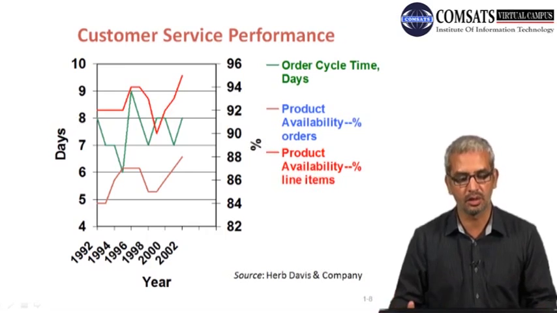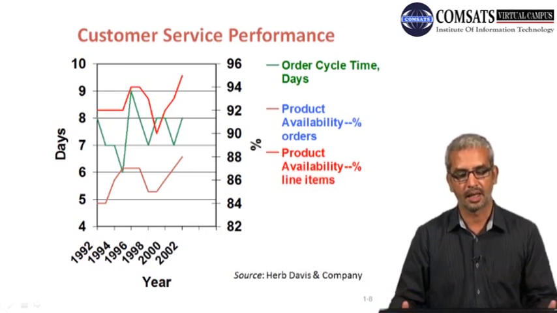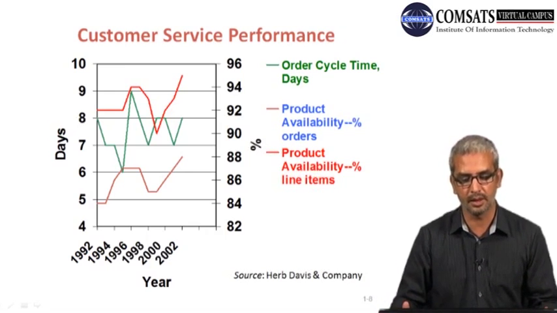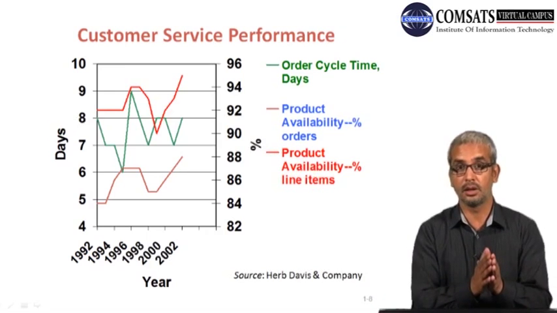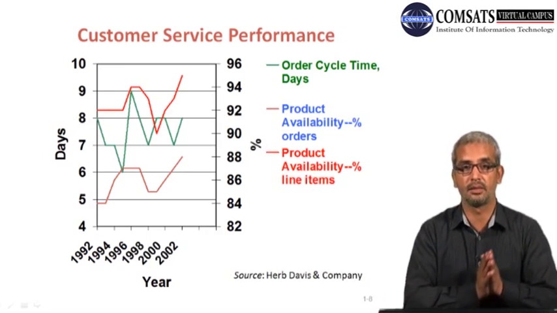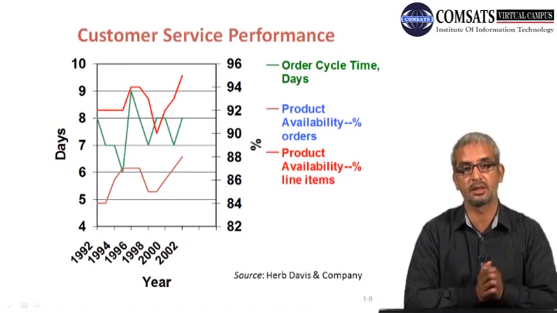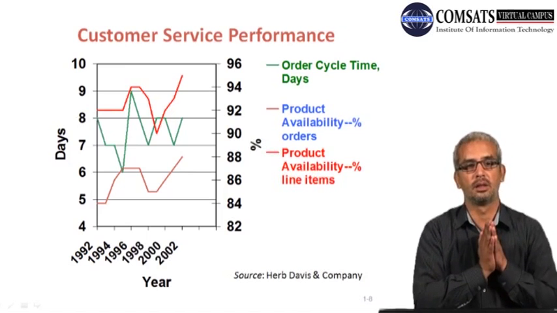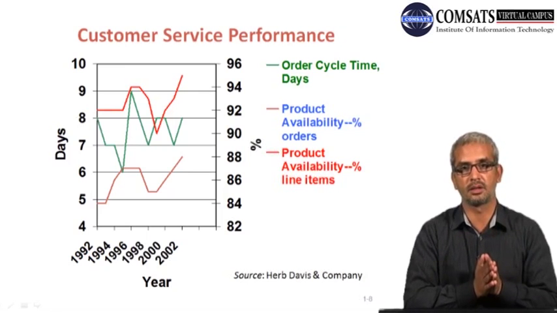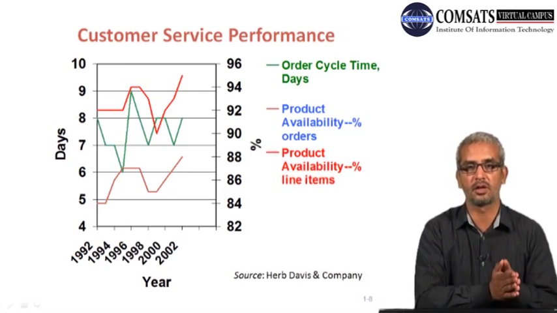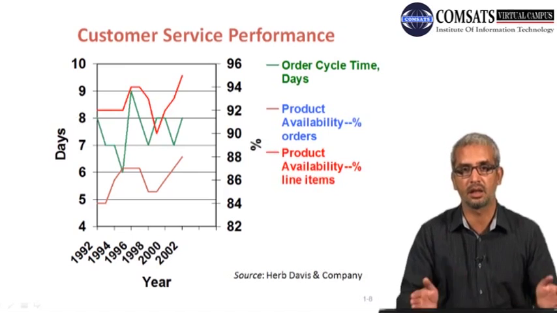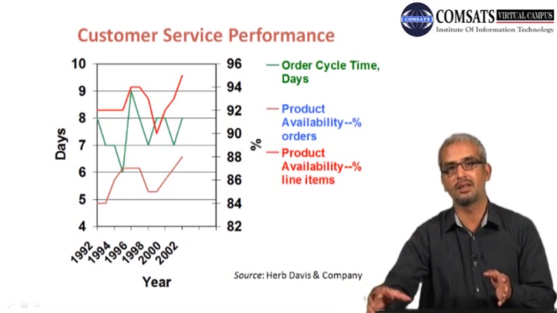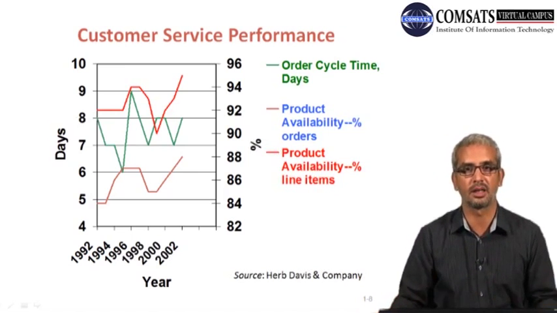Now look at these fluctuations. The order cycle time has come down, for example, from 1992 to 2002. Do consider that during these 10 years, the level of customer satisfaction has changed, the types of products being offered have increased a lot, and the market being served has increased a lot as well.